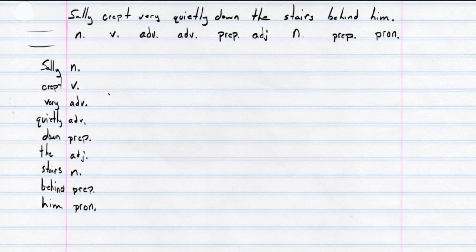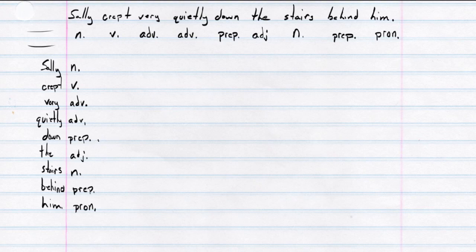All right, so now what I'd like you to do is, using your notes, go back to each of these pages. You have a nouns page, a verbs page, an adverb page, an adjective page, and I'd like you to write down all the dorky information that you can find on those pages. So I'll show you with prepositions. Since we don't have that in our notes yet, I know that down is a preposition, okay?